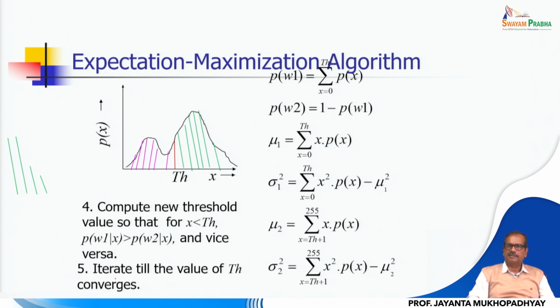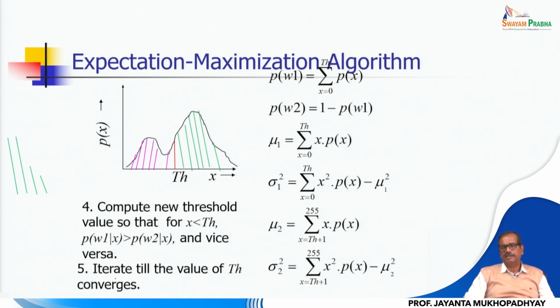We call it the expectation maximization algorithm, because we start with an expectation that this is the threshold value, then we maximize these posterior probabilities by estimating the parameters. We actually maximize the likelihood of the estimates of the parameters.